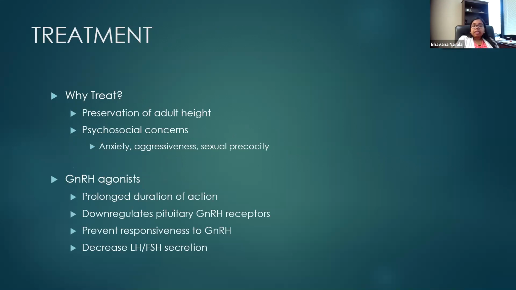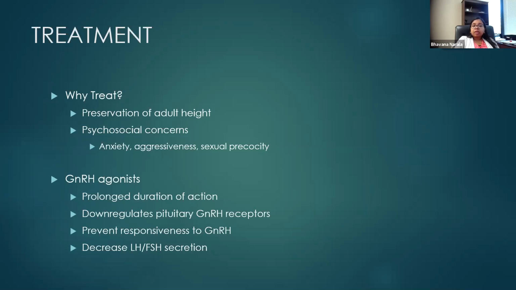So there's frequently debate on, why treat? Obviously it helps to preserve adult height. After a certain bone age, though, it's really not so much preservation of adult height, but rather psychosocial concerns of having to start cycles in first grade or second grade, or the boys starting very early and showing signs of aggressiveness or anxiety.